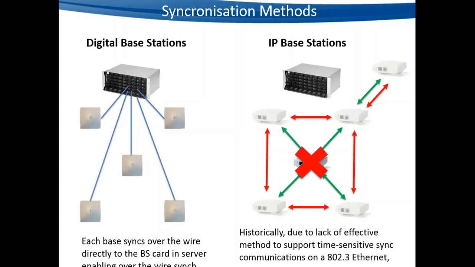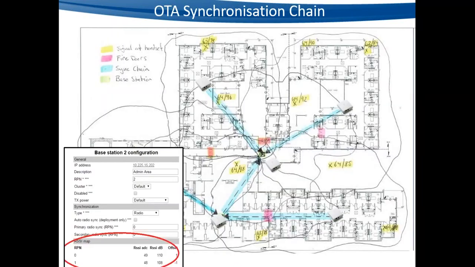So you can see how that's quite vulnerable in certain ways as compared to what the digital base stations do. If a digital base station goes down, the area that it provides coverage to will lose coverage and ability to make and receive calls, but all the other base stations are independent of that as far as synchronization is concerned and won't be affected.